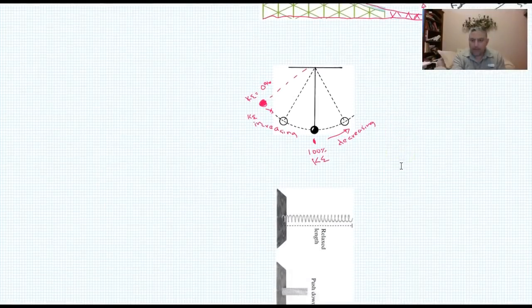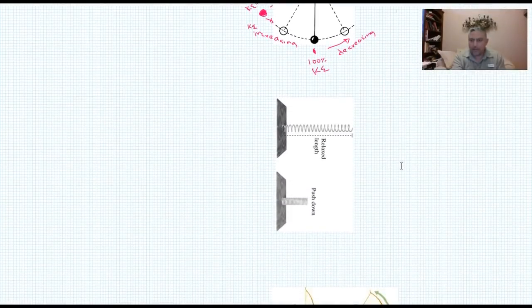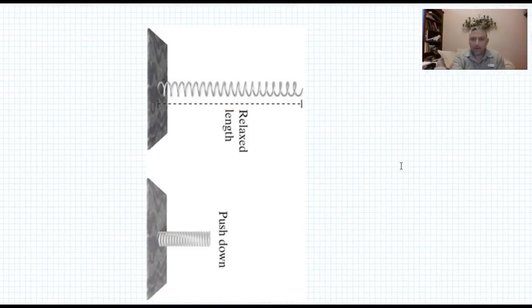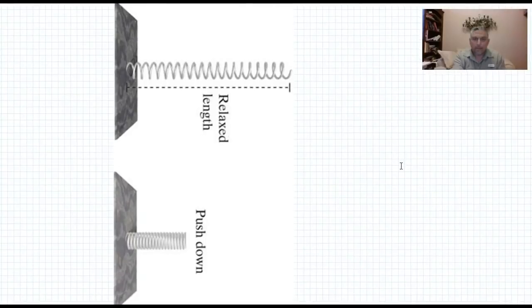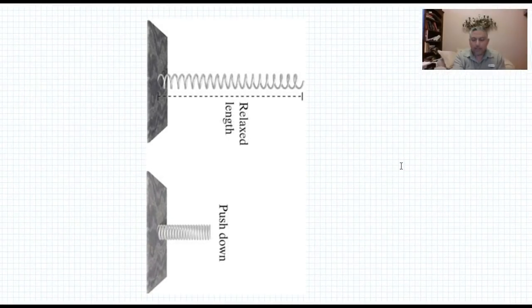All right, we've got another example over here. This is the one that a lot of the students have a hard time with. This is a coil or a spring. On this one, we are also going to be looking at kinetic energy. Remember, kinetic energy is the energy of motion.